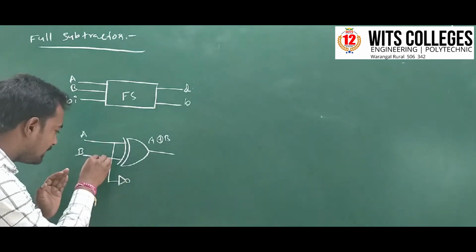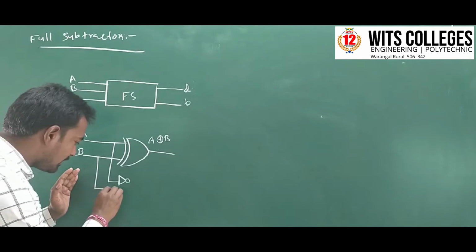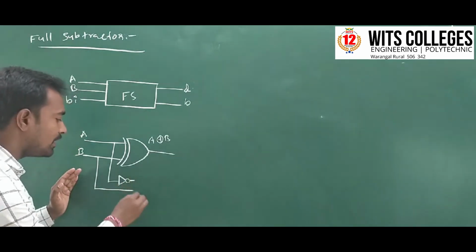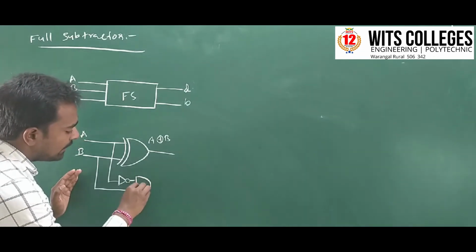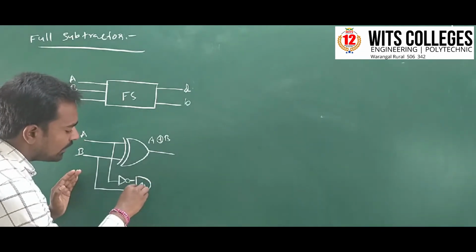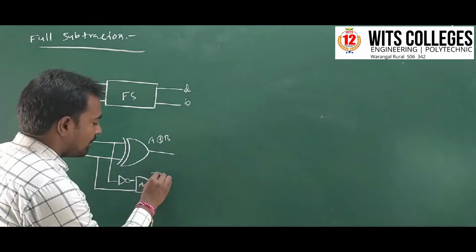Right? And this is a B input. And this B input and A complement outputs both are connected to one AND gate, that is AND gate 1, and this gives the output of A bar into B.